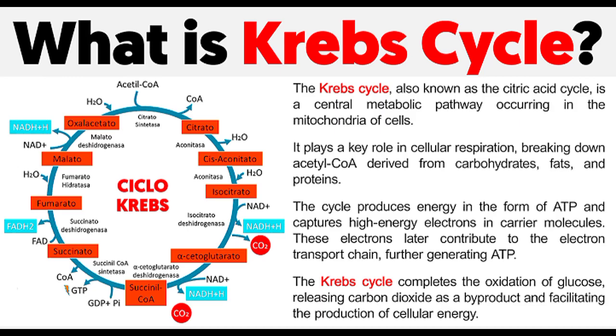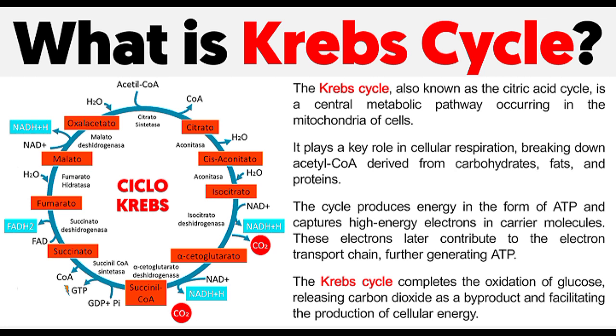Now let's dive into the process of Krebs cycle. Now the Krebs cycle is also known as citric acid cycle. It is the central metabolic pathway occurring in the mitochondria of every living cell.